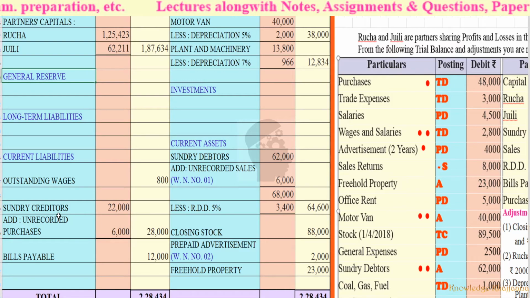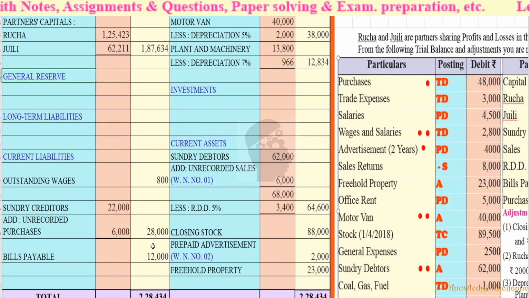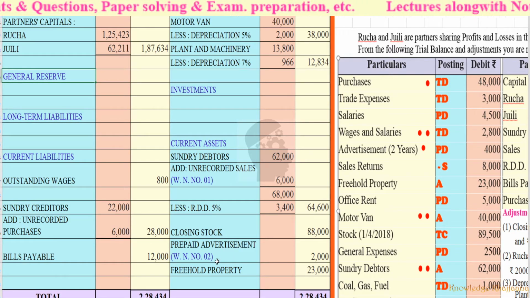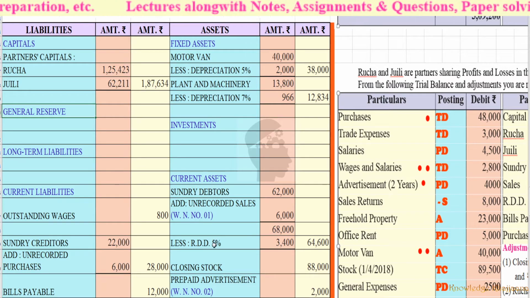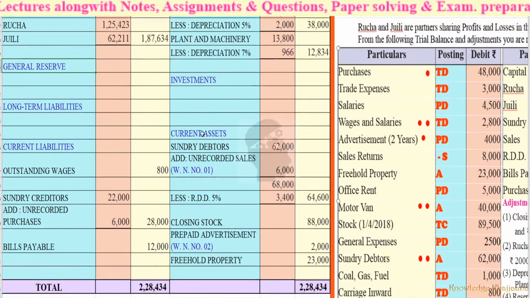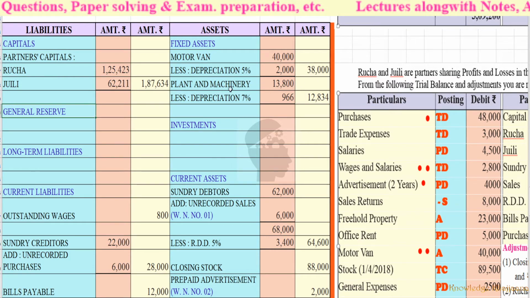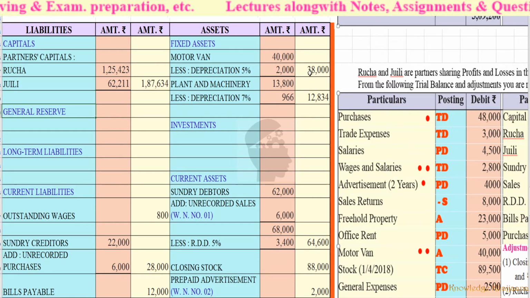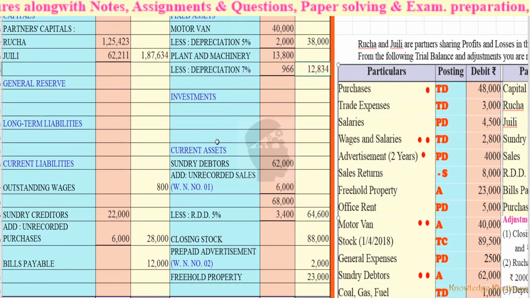Outstanding wages we have taken. Sundry creditors after adding the unrecorded sales we have taken. Bills payable we have taken. Similarly, assets: fixed assets, investments, current assets. In fixed assets we have taken motor van after deducting depreciation, plant and machinery after deducting depreciation, and taken the final value to the outer column. We didn't have any investments.